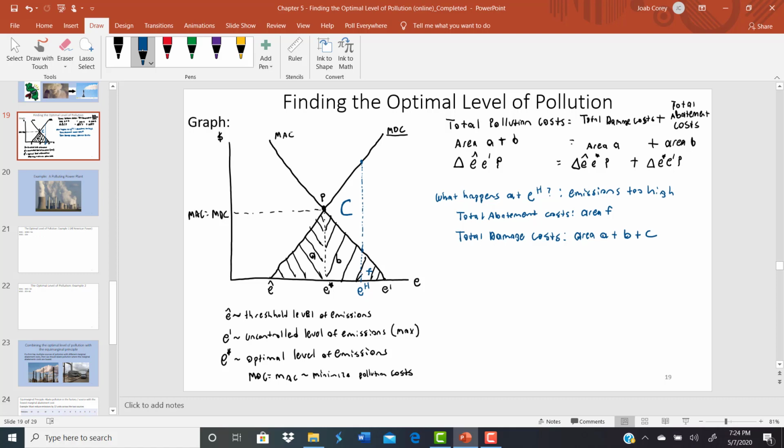Right, so we're saving area B in abatement costs, right? But we're increasing our total damage costs by areas B plus C, right?